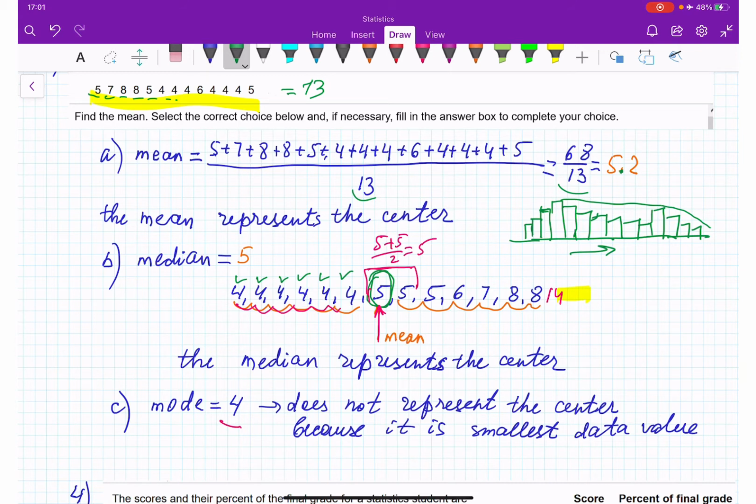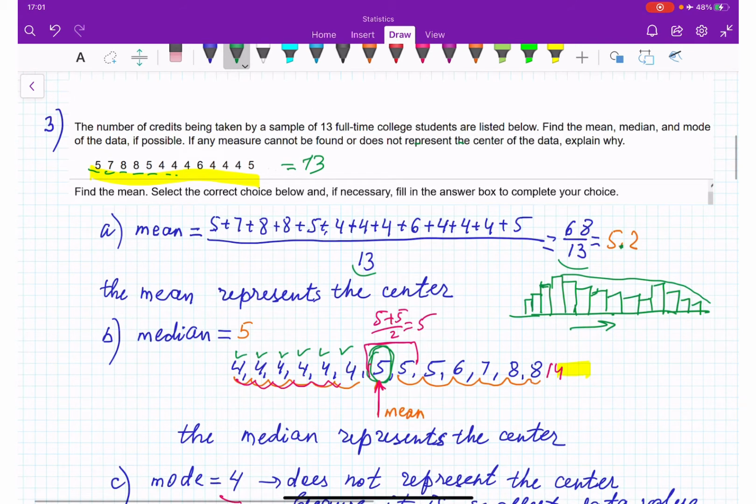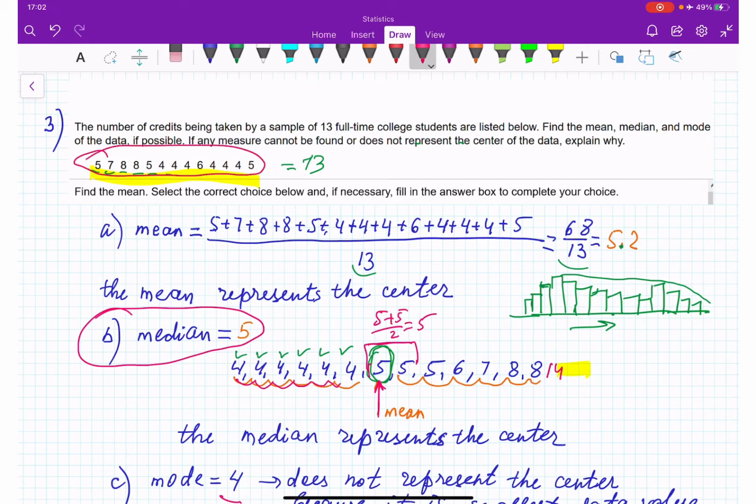So in the case of this problem, the true center is going to be our median. Let me clean this histogram because this is just an example. It has nothing to do with this problem.